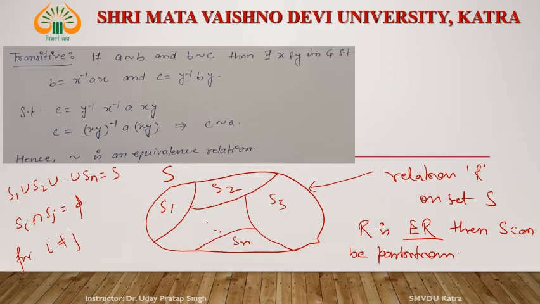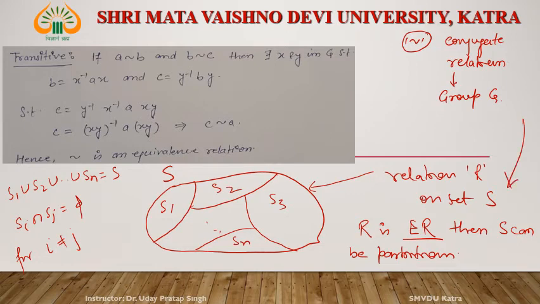Then what is this relation? This is the conjugate relation, which we define on group G. Then by this result, this group G can be partitioned.